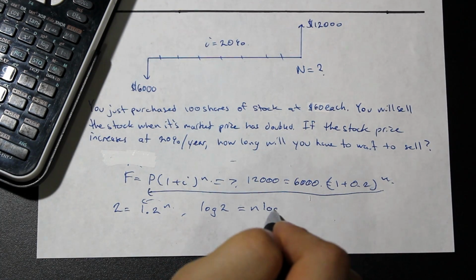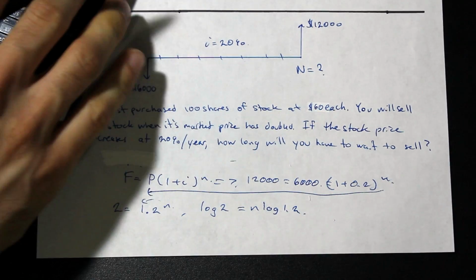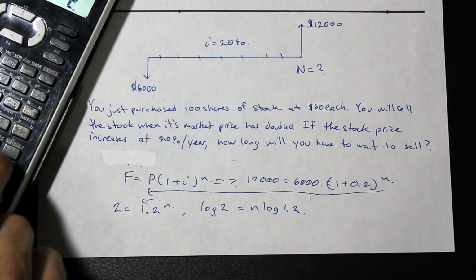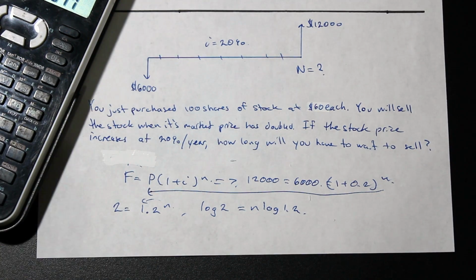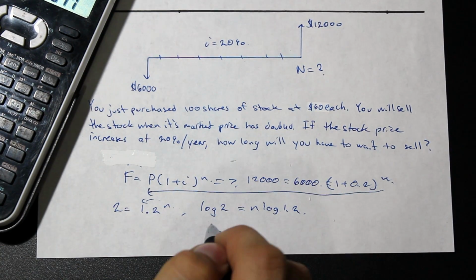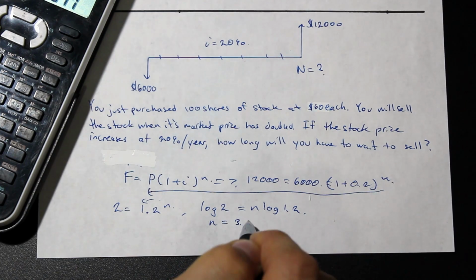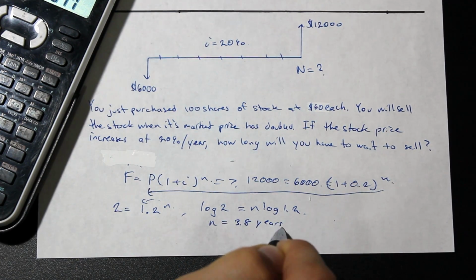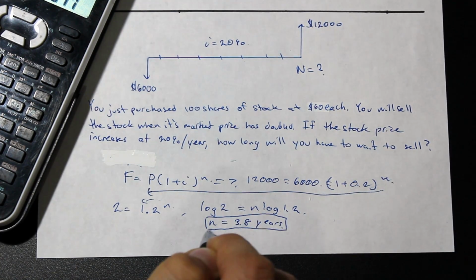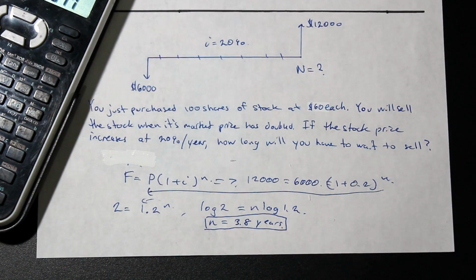So we have n log 1.2, and n equals log 2 divided by log 1.2. That's going to give us n equaling 3.8 years. So it's going to take roughly 3.8 years at 20% per year for our money to double.